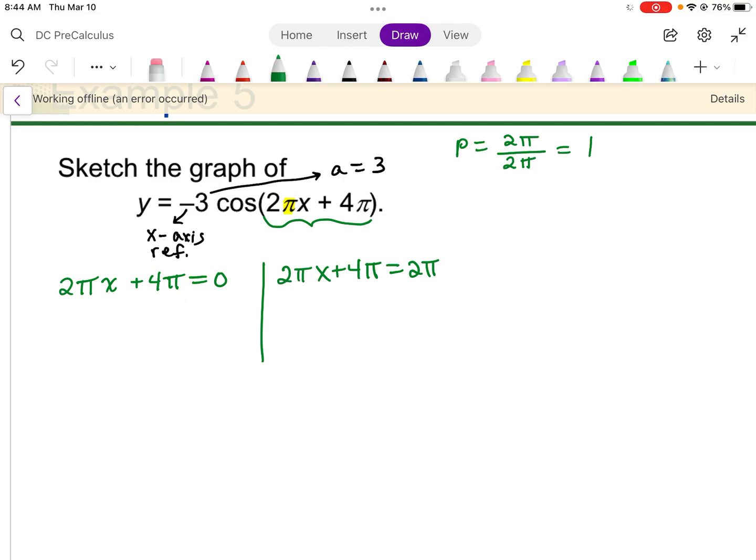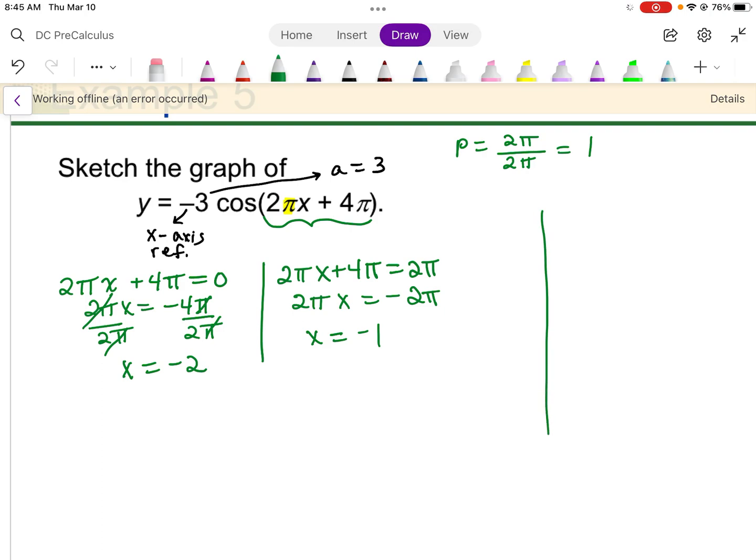So we're going to basically take 2 pi x, solve for x, and those cancel. Over here, subtract over 4 pi, and we'll get a -1.